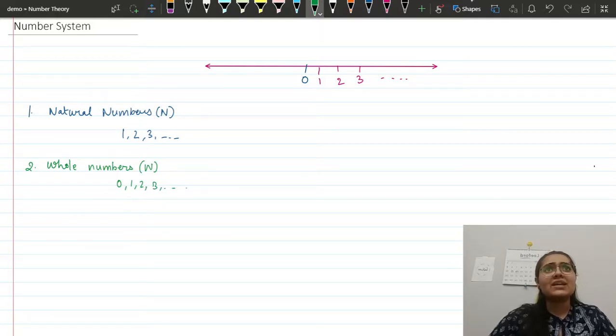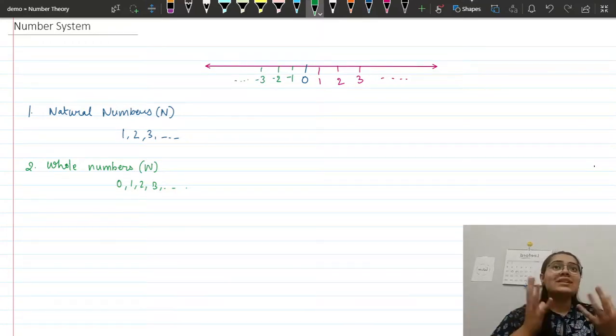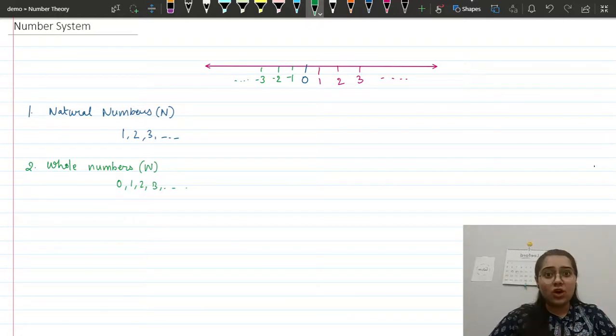Now coming back to this number line, what if I write the negative numbers here as well? -1, -2, -3 and so on from the left side. Okay. So what are these numbers that we see on the number line called?